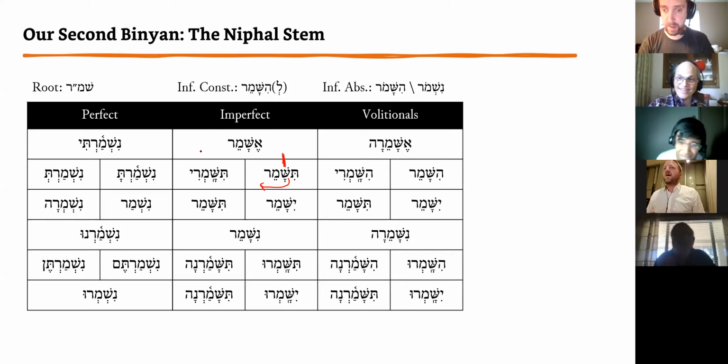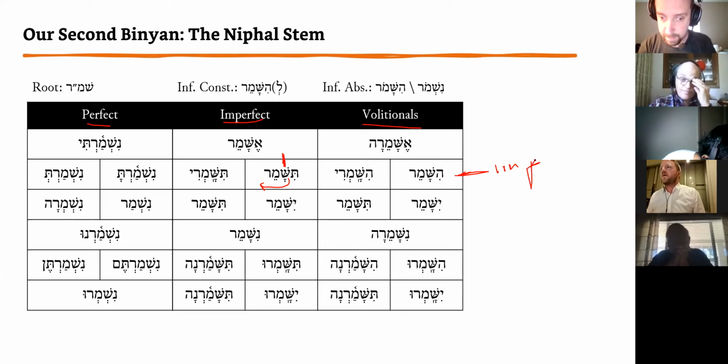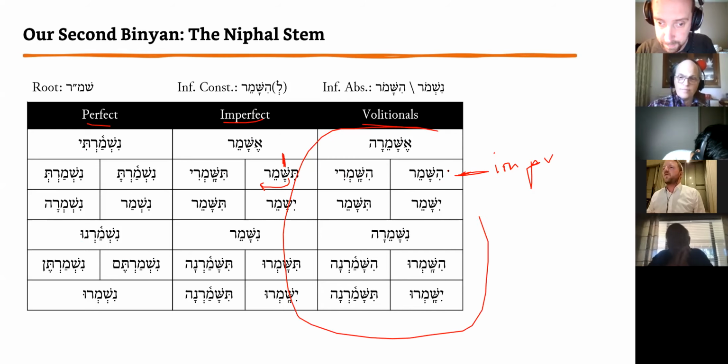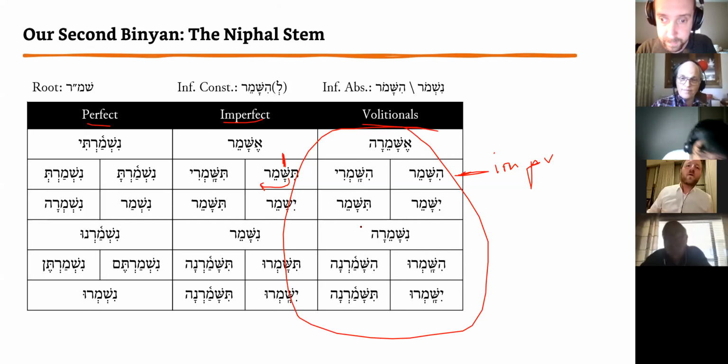We're going over the paradigm for the Niphal. We did the perfect, we did the imperfect, and now we're looking at volitionals. In the volitionals, I put here in this column the imperative. Do you feel like you want to go over this table for us, Ward? Sure.